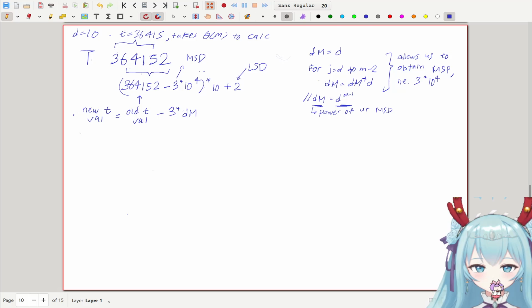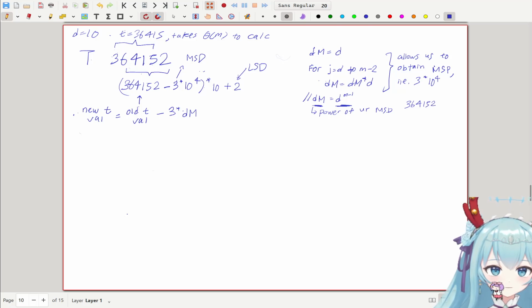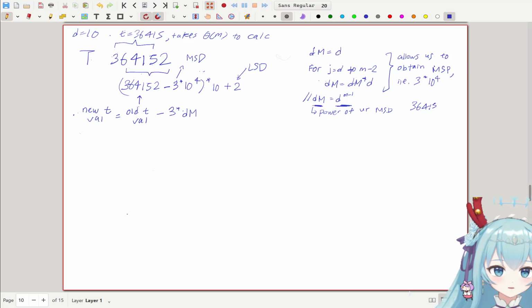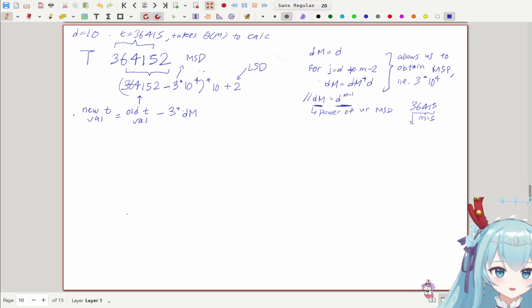It's correct, because let's say it's 364152, and the first window is 36415, and let's say this has n equal to 5, then this is equal to 3 times 10 to the power of 4, which is equal to 3 times d to the power of m minus 1.